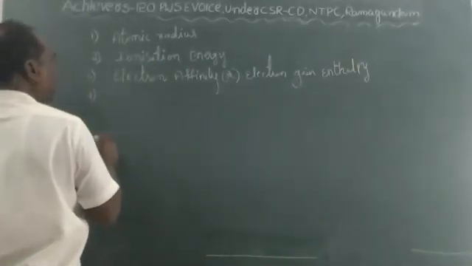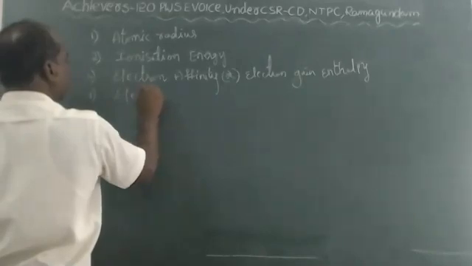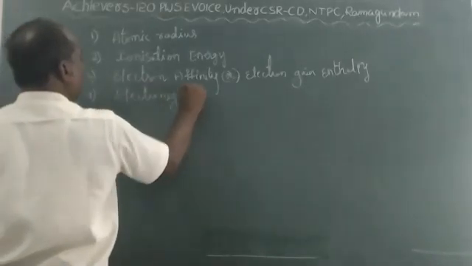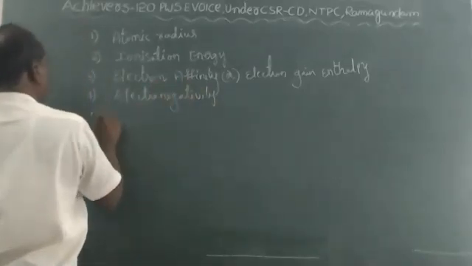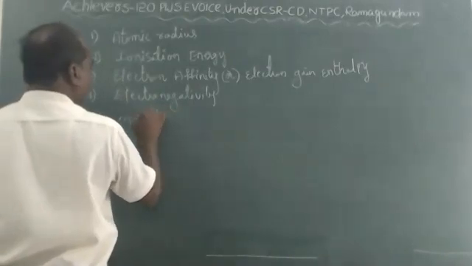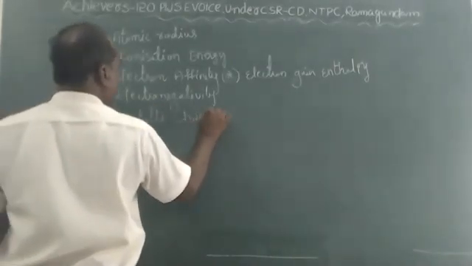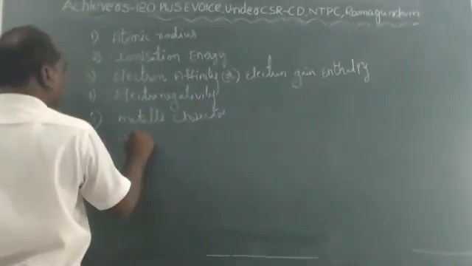Fourth one, electronegativity. Fifth one, metallic character. Sixth one, non-metallic character.